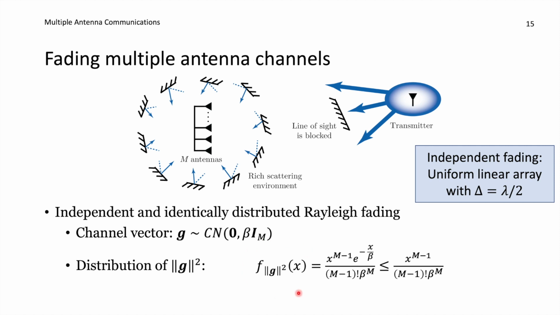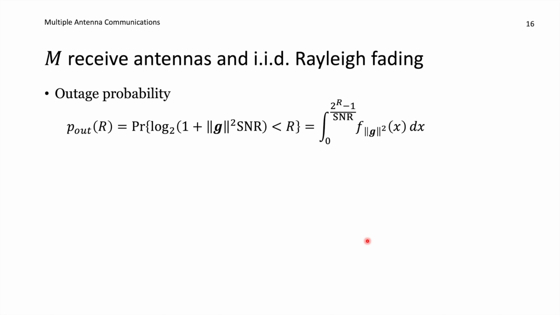When we are utilizing this probability density function to analyze the outage probability, we will also consider this upper bound on it when the e to the power minus x divided by beta is omitted, because it's always smaller or equal to 1. So we can take it away and get an upper bound for every value of x that is greater than 0.